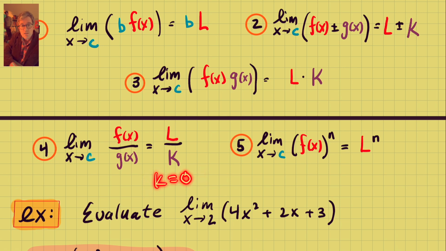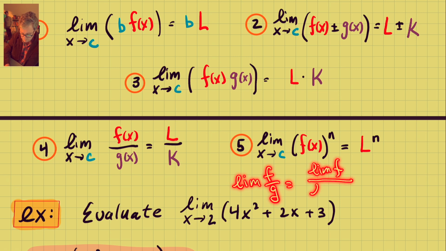The limit of g cannot be equal to 0. Otherwise, this would be undefined. But otherwise, you can think of this as the limit of f over g is equal to the limit of f divided by the limit of g. So you can bring the limit into the numerator, bring the limit into the denominator, evaluate them, and then divide them down.